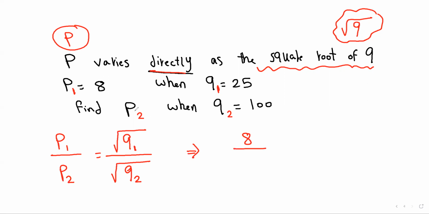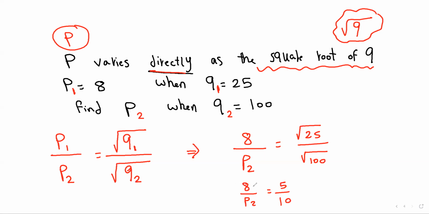I don't know P2. The square root of 25 over the square root of 100. So 8 over P2 equals 5 over 10.